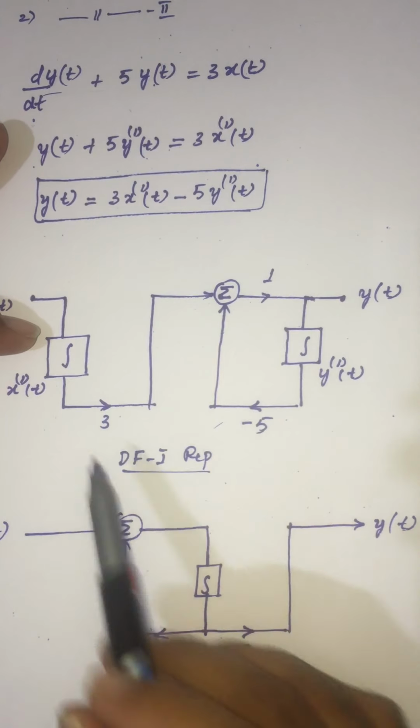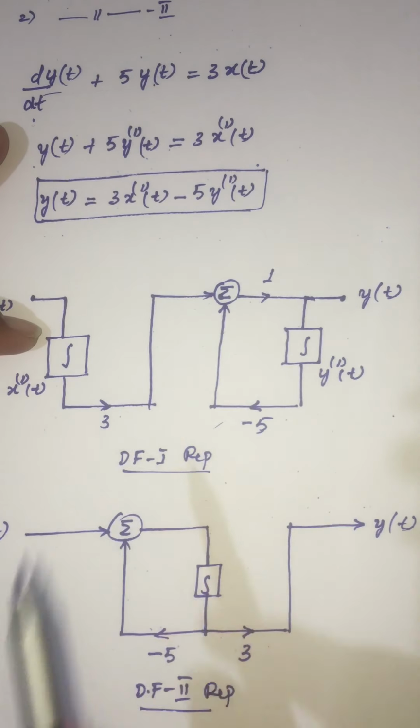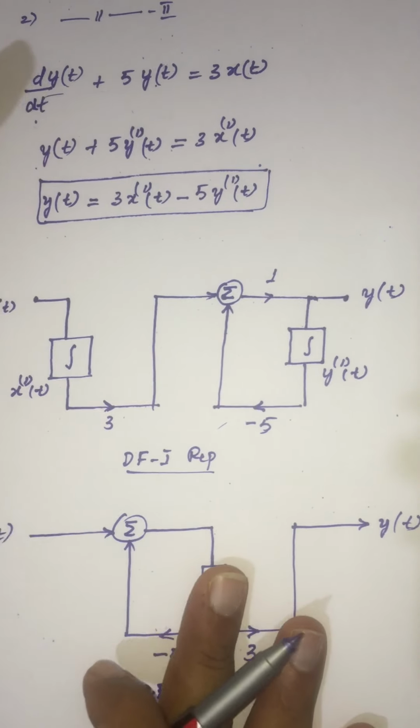This is moving towards left side, therefore this should also move towards left side, and this is moving towards right side, therefore this should always be moved towards right side, which follows direct form 1. This is direct form 2 representation for the given differential equation. Let us see one more example with respect to direct form 1 and direct form 2 representations.